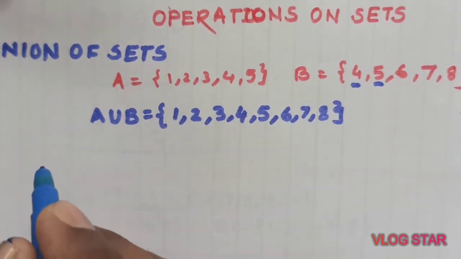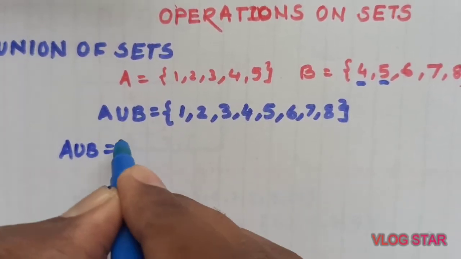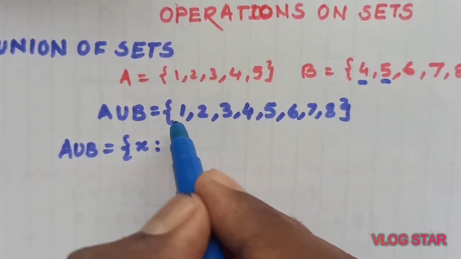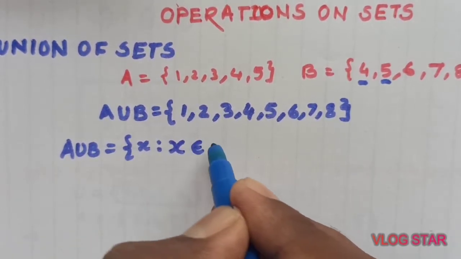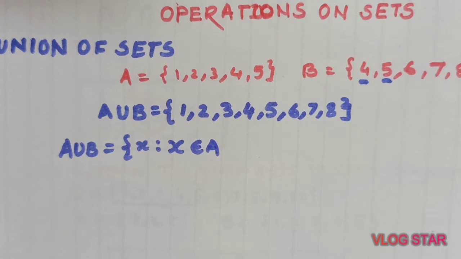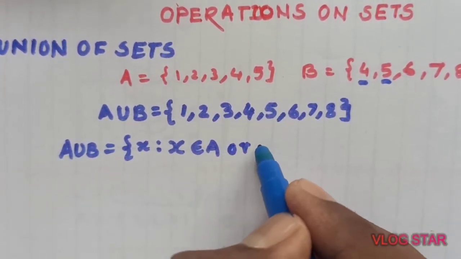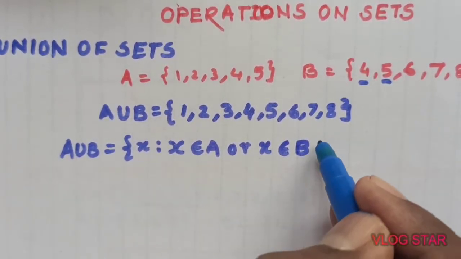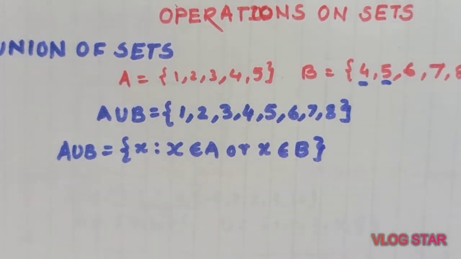So can I define it? Definition: A union B is the set of all x such that x belongs to A, or x belongs to B. If it is there in A and B both, then also we can add that element in the union.